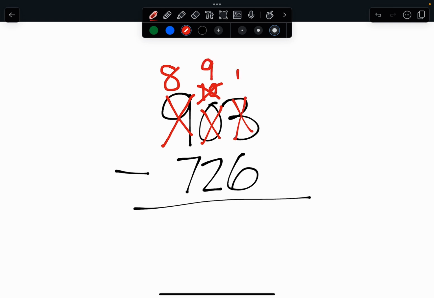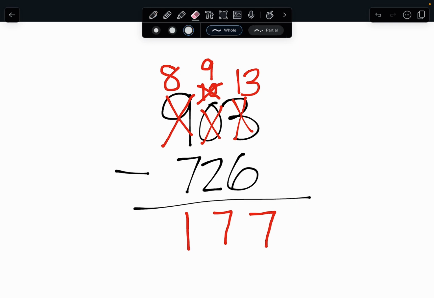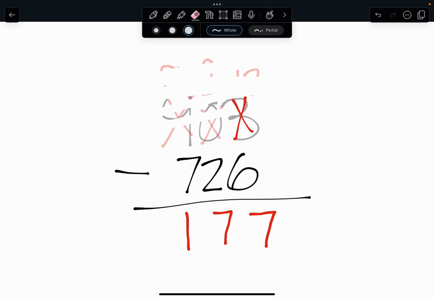And my 3 becomes 13. So 13 minus 6 is 7. 9 minus 2 is 7. And 8 minus 7 is 1.